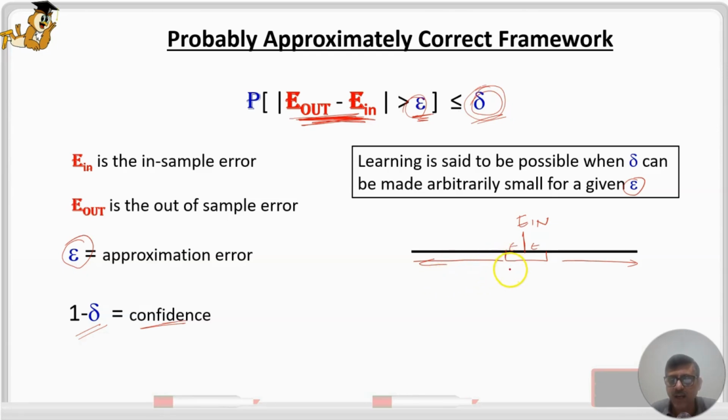That means with higher and higher probability, you want to ensure that E out remains in this region for a given epsilon, and if you can do it with arbitrarily high probabilities, you will say that learning is possible. So this is the PAC framework that we are going to deal with.